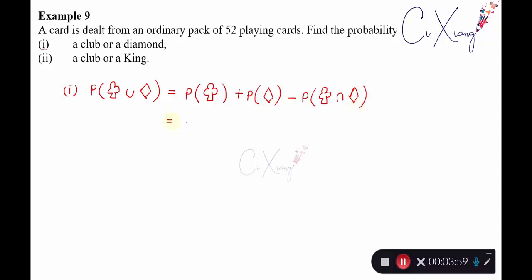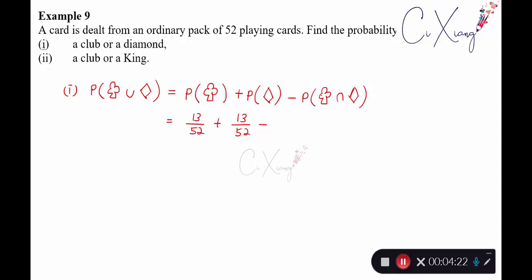Okay, so you have 13 club cards. You also have 13 diamond cards, and minus the intersection of them. If you can imagine, the club card belongs to the black suit and the diamond is the red suit.